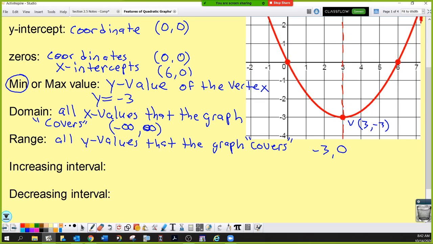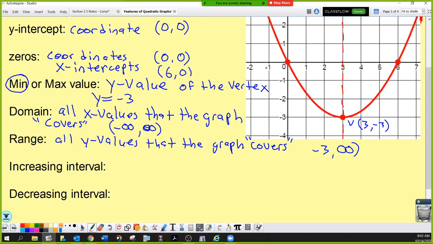to positive infinity. I just told you that all infinities get parentheses on them because you can't hit them. But does the graph actually hit the number y equals -3? Does it actually happen there? Well, there's a dot there. The vertex occurs at 3, -3. So does the graph hit the number y equals -3?